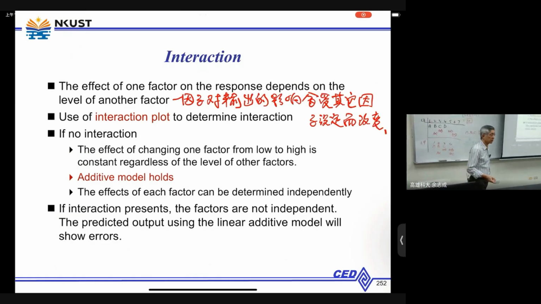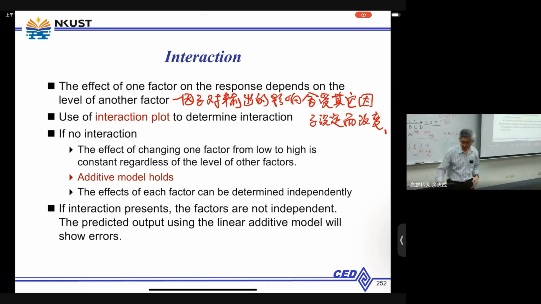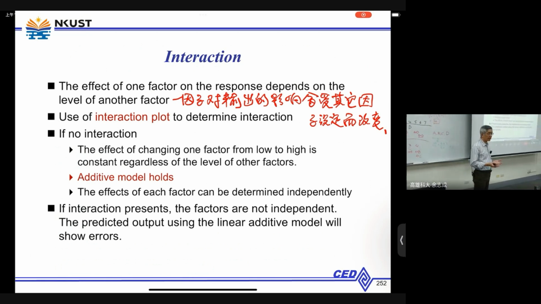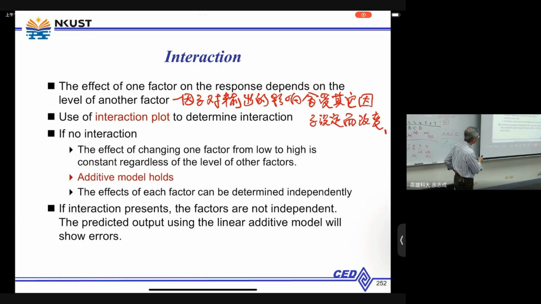So we need to understand whether there is an interaction or not before we can say that our prediction is correct or incorrect. Therefore, we will teach you how to draw the interaction plot. So as I mentioned, if there is no interaction, then the additive model will be good.